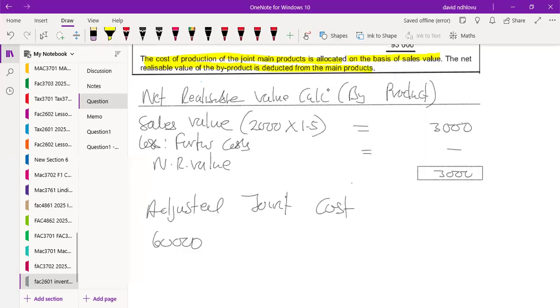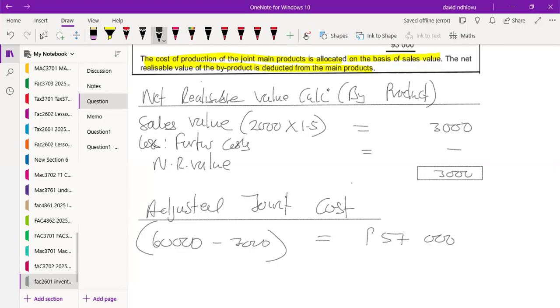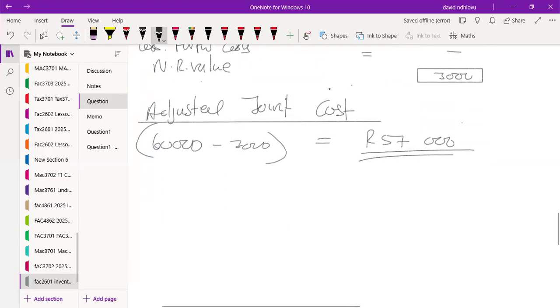Right, the answer that you're going to get there, that's your adjusted joint costs, which means therefore the adjusted joint cost will sit at what? 57,000 rand. Right, only when you have the adjusted joint cost do you then allocate the adjusted joint costs to products.